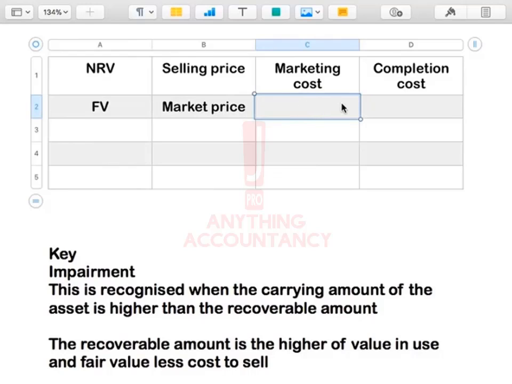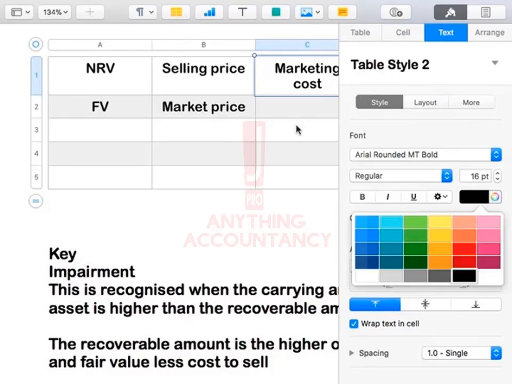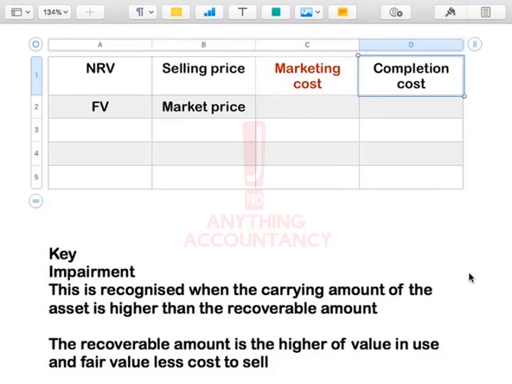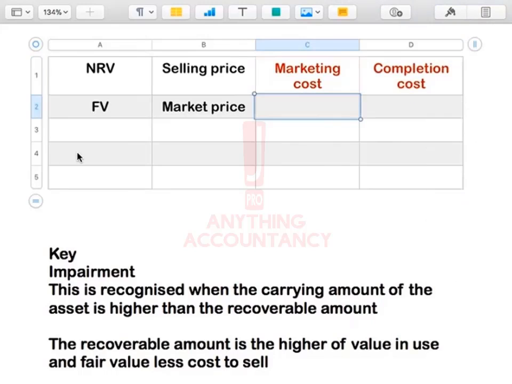So this is less. I'm going to put this in brackets, in red color. Are you okay with this part? Fair value less: market price less transport costs.